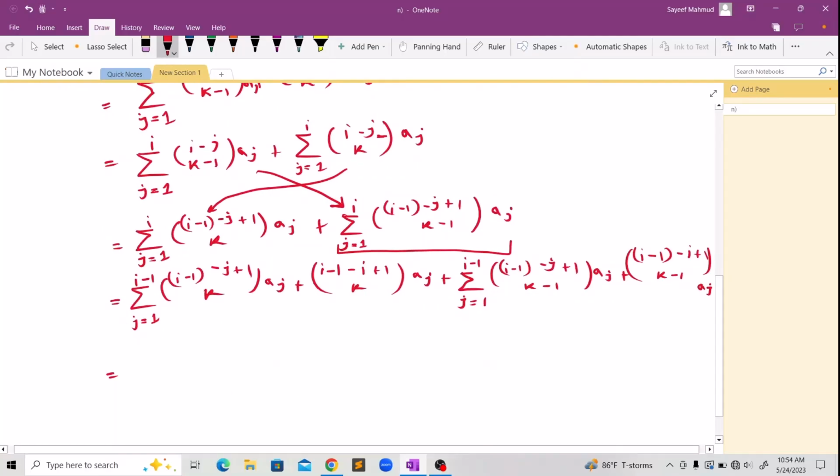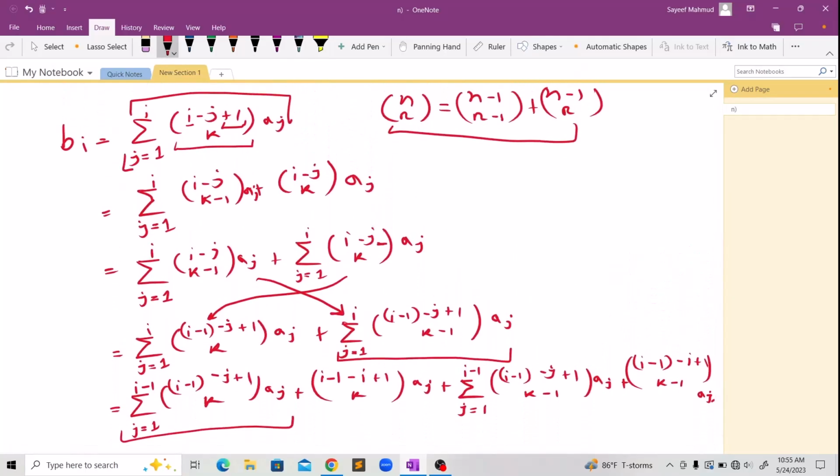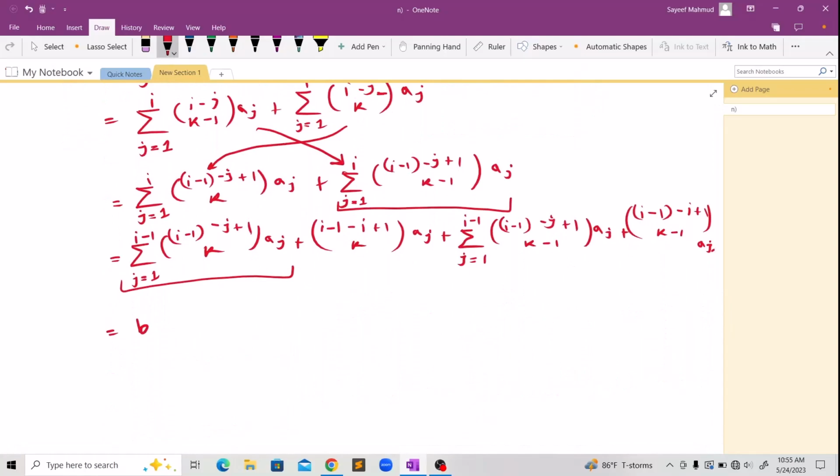Now this part of the equation is exactly the same as this, just in place of I we have I minus 1, so we can write this as B of I minus 1, plus, so this I and I cancel out, and minus 1 and plus 1 cancel out, so we have 0 choose k. So we have 0 choose k, where k is at least 1. The value of this is equal to 0.